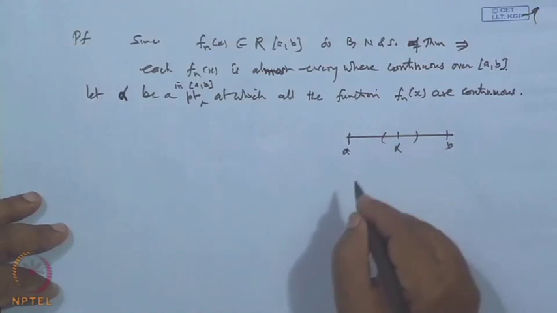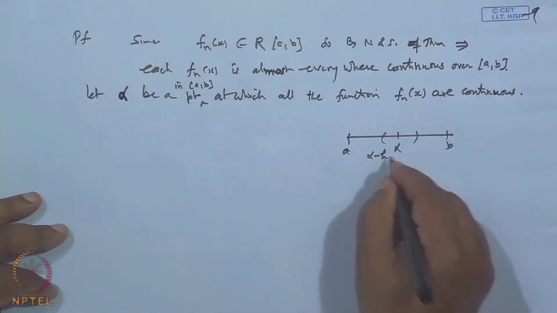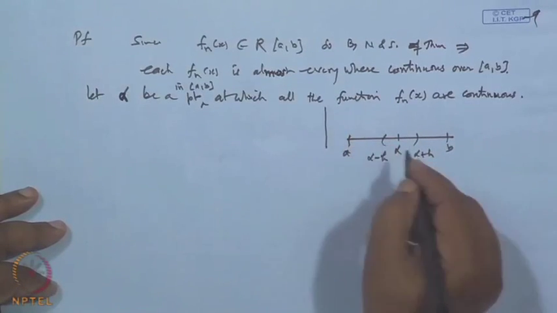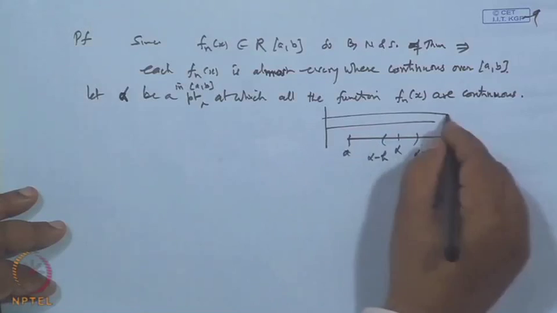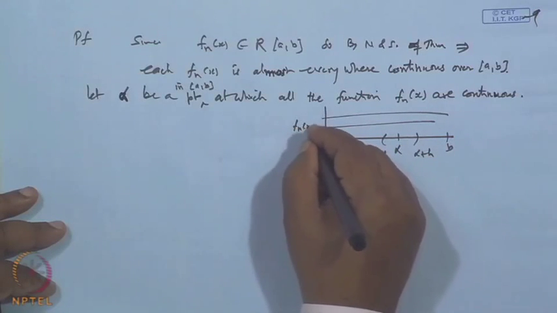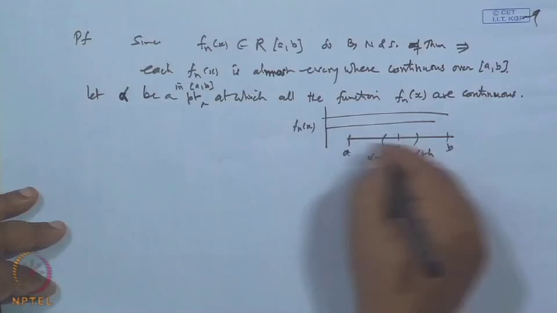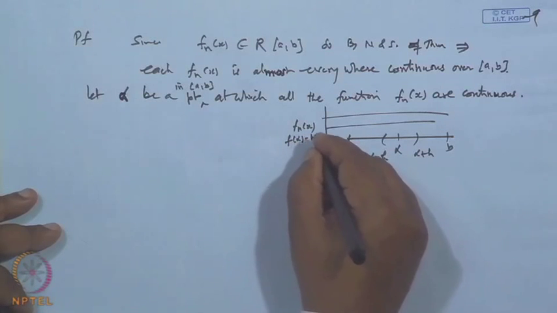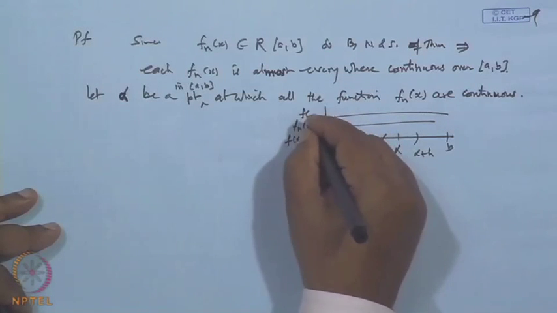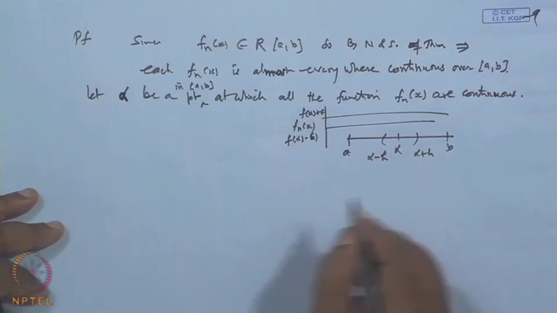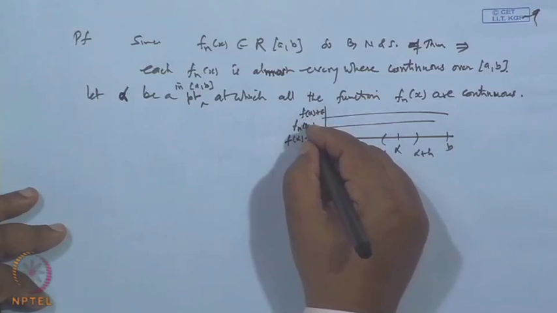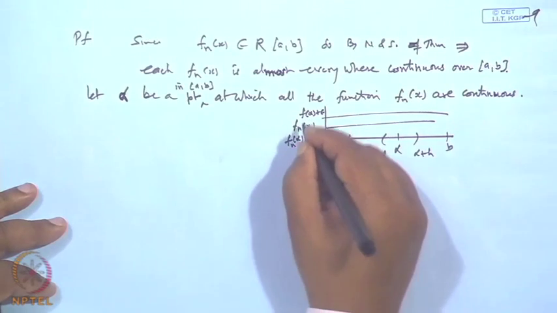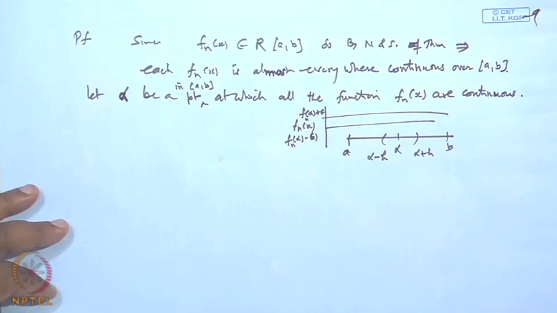So, we can find a small neighborhood of alpha, say alpha minus h to alpha plus h, where the fluctuation of the functions f n x will lie between f of alpha minus epsilon and f of alpha plus epsilon. Each f n x has fluctuation less than epsilon.